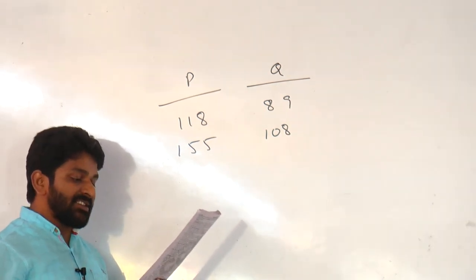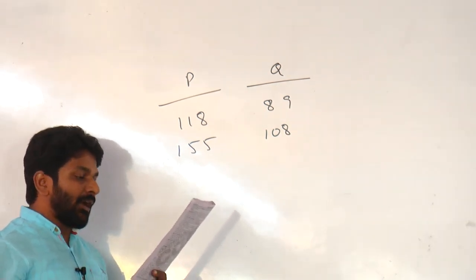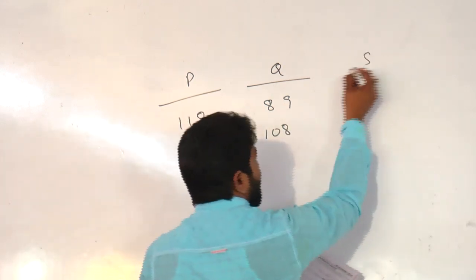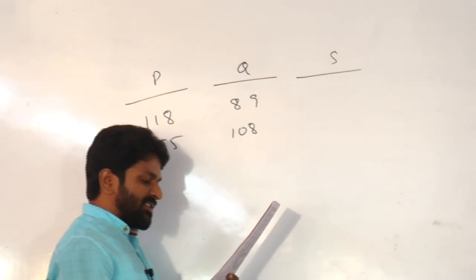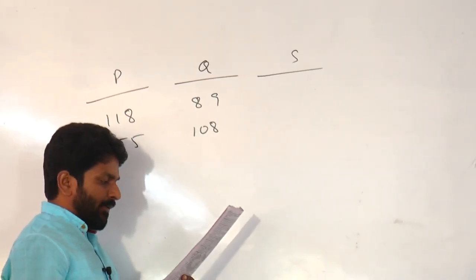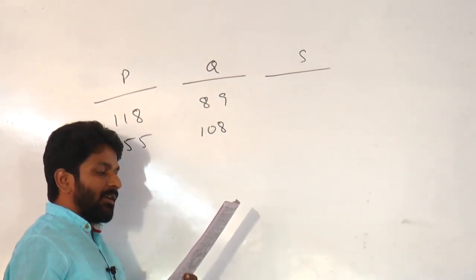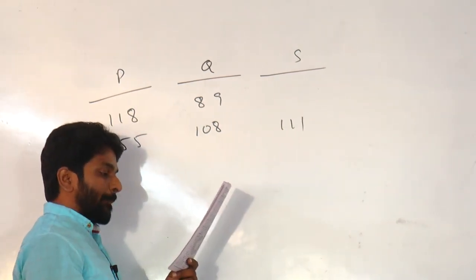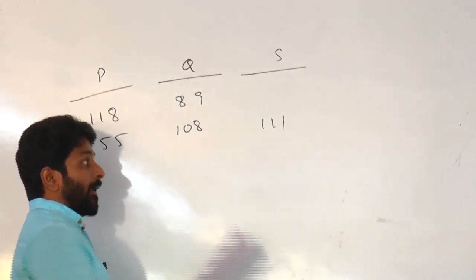And third option, town S, season 3. Town S in season 3, 111, and previous year it was 93.